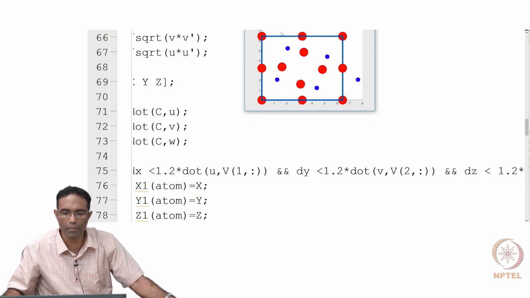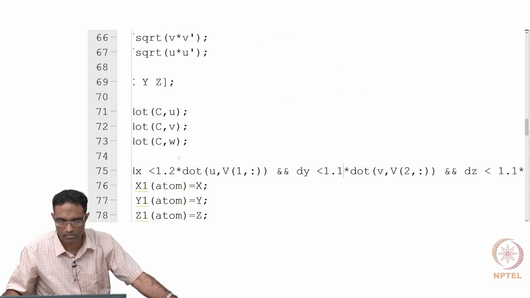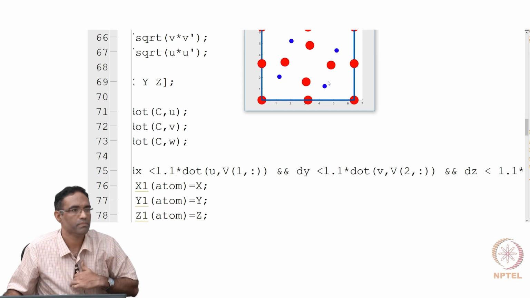Okay, you can put 1.1 and you can make sure that these two atoms are not going to get printed. Right there.